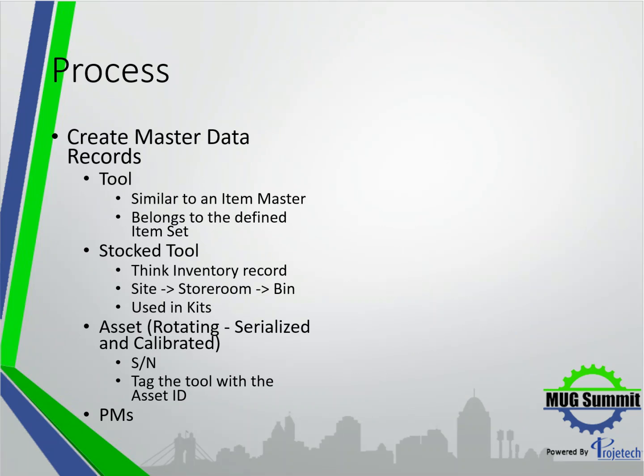Then we can go from there, and at the tool level, you set up rotating assets. An individual tool number can be assigned rotating assets, which is how they're defined in Maximo, and those rotating assets are linked to your tool number, which is how you can see what you have in a specific storeroom. From there you can assign PMs, track its location transactionally, put PMs to it, job plans, everything along with that.